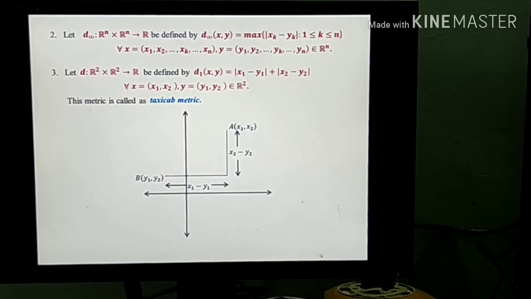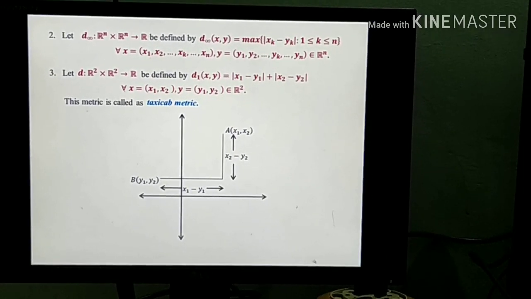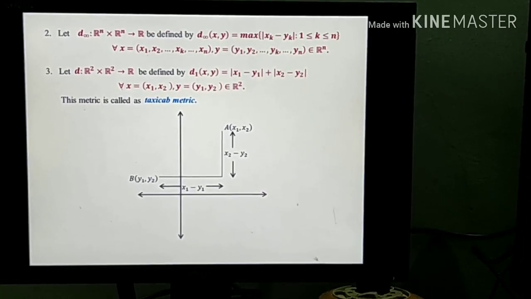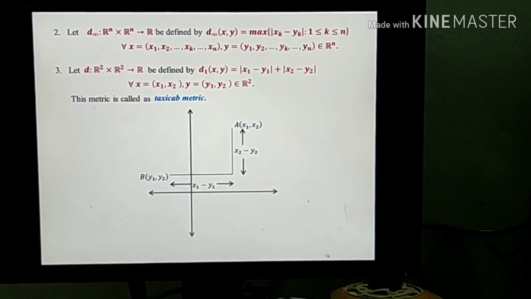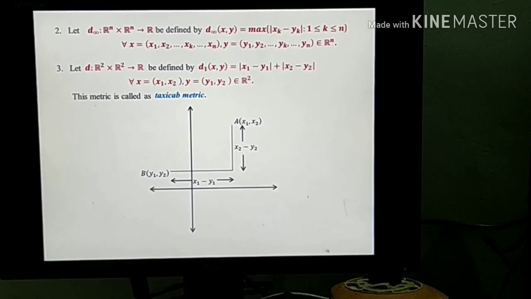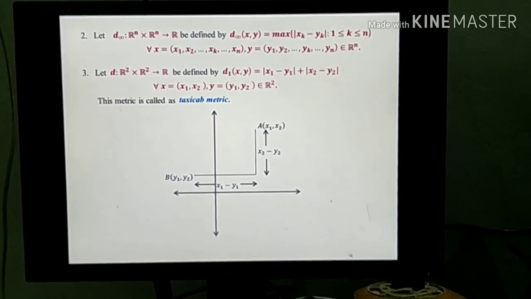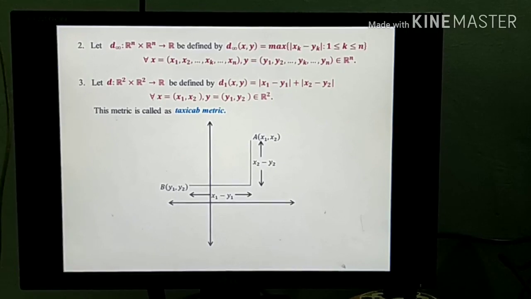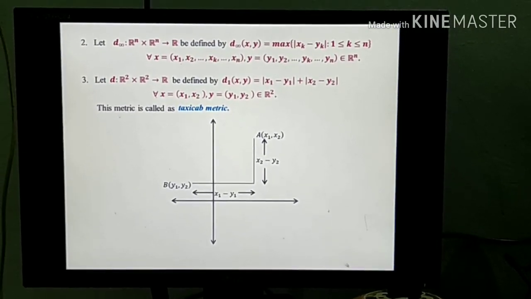See here, the distance between A, x1 x2, that is x, and B, y1 y2, that is y, is nothing but the sum of the distances mod x1 minus y1 and mod x2 minus y2. These two distances together look like a cab, and therefore this metric is called the taxi cab metric.